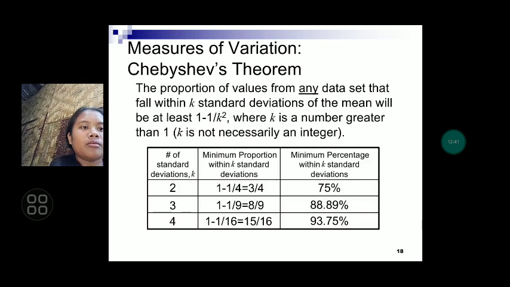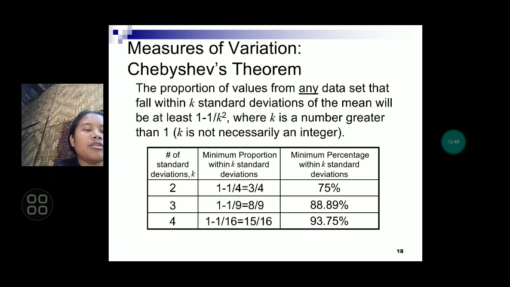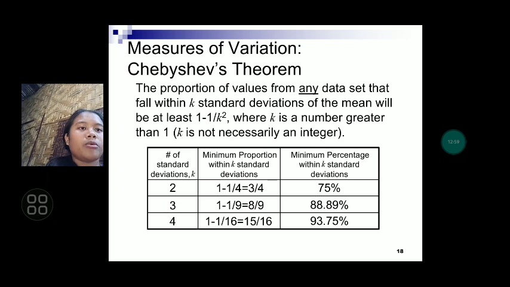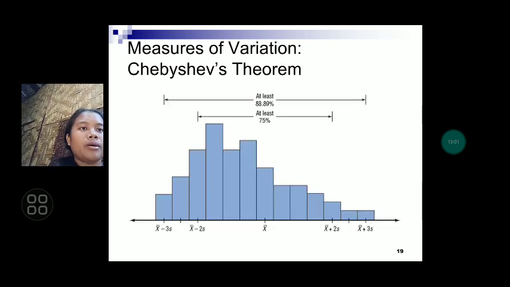Again, you can see the minimum percentages without k standard deviations: 75%, 88.89%, and 93.75%.